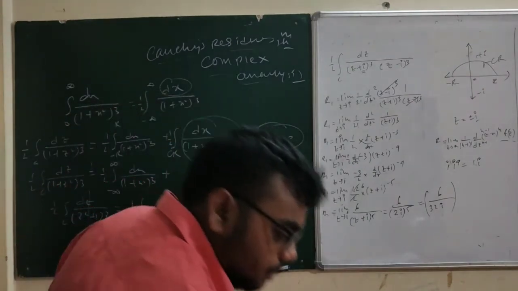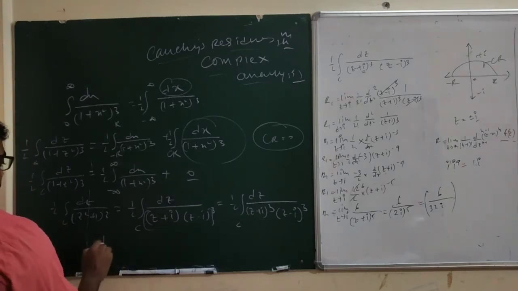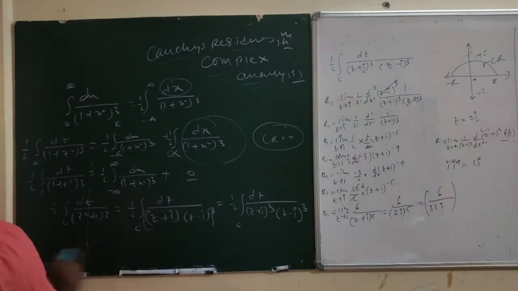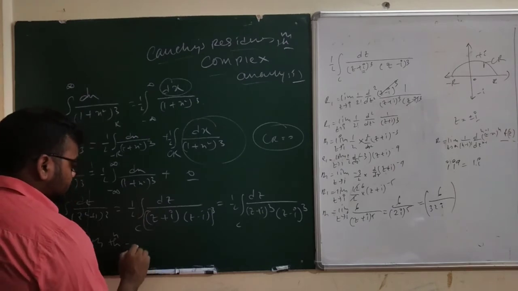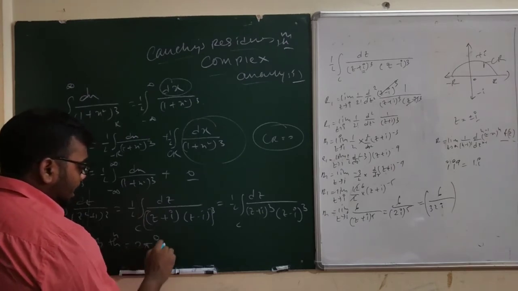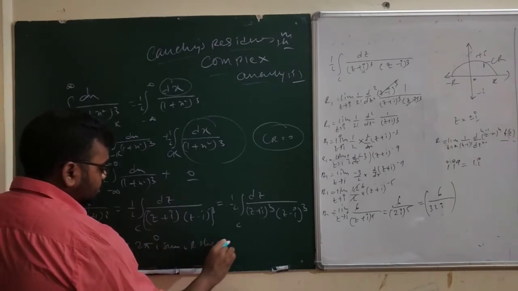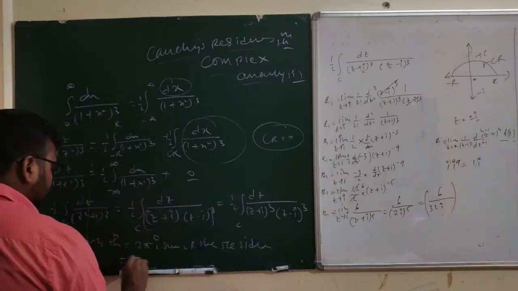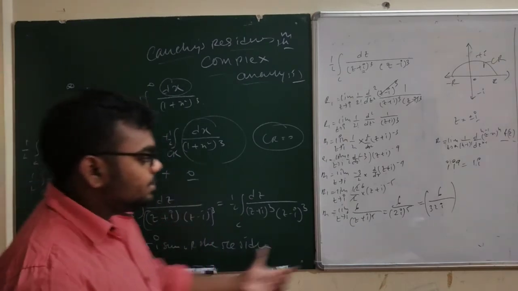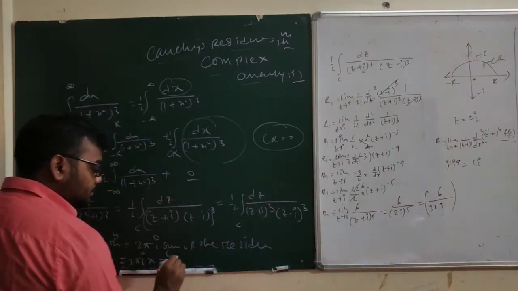Now, by the Cauchy residue theorem, we already know that the integral will be 2 pi iota times the sum of the residues. So it will be 2 pi iota into 6 upon 32 iota.